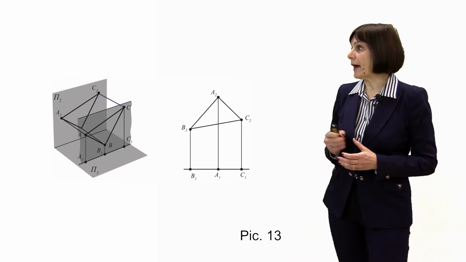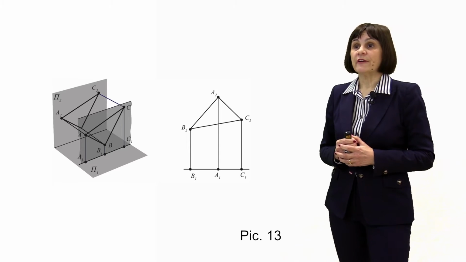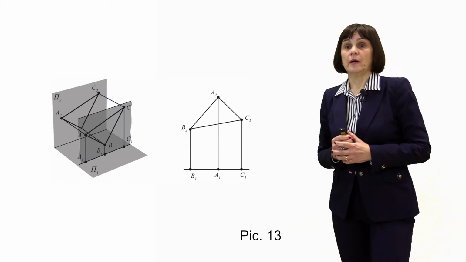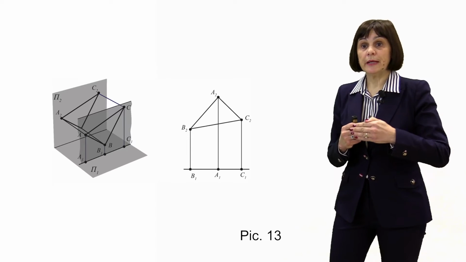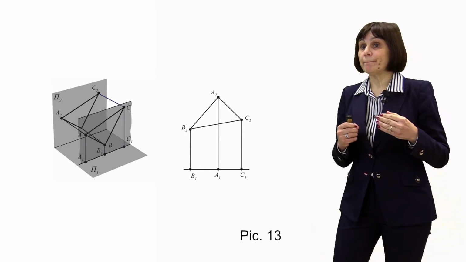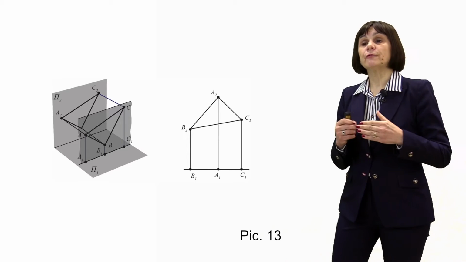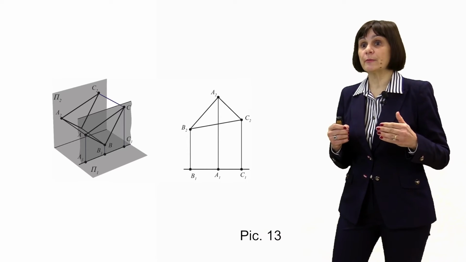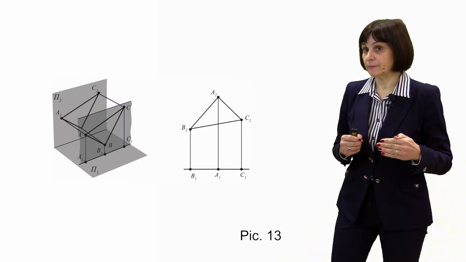On our right drawing, you can see that on the frontal plane, our plane is parallel to the frontal plane. We project the triangle ABC in full size. We get the points A2, B2, C2.